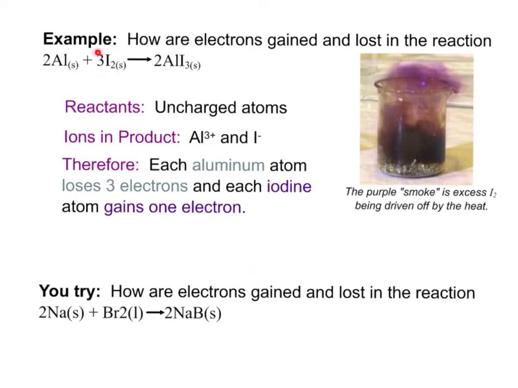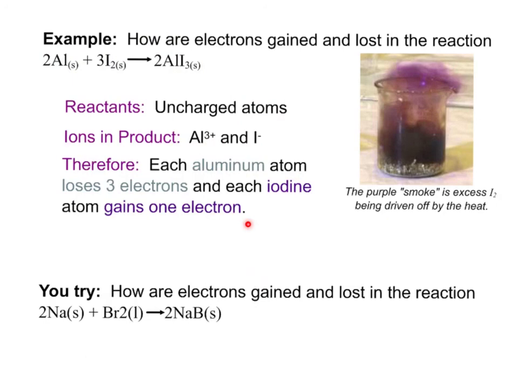Now iodine, on the other hand, starts with a 0 charge, and each iodine will be gaining an electron to have a -1 charge. So each iodine atom gains 1 electron. So that is the answer. Each aluminum atom loses 3 electrons. Each iodine atom gains 1 electron.